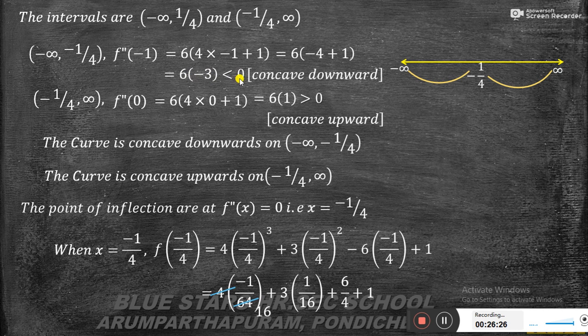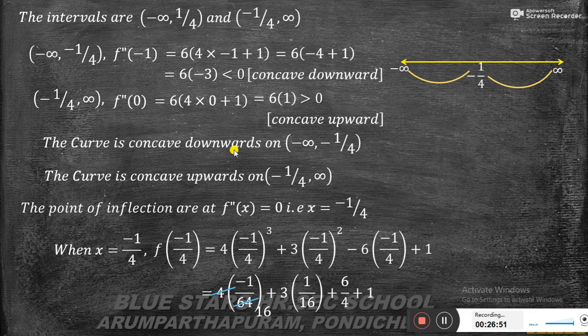Minus 18 is less than 0, so less than 0 means it is concave downward. Again I take one value between minus 1 by 4 comma infinity, x equal to 0. I substitute in the f double dash, so 6 into 4 into 0 plus 1 equals 6 into 1, it is positive, so it is concave upward.